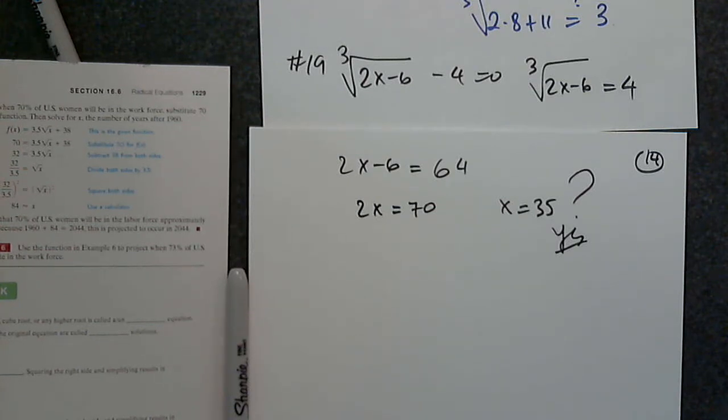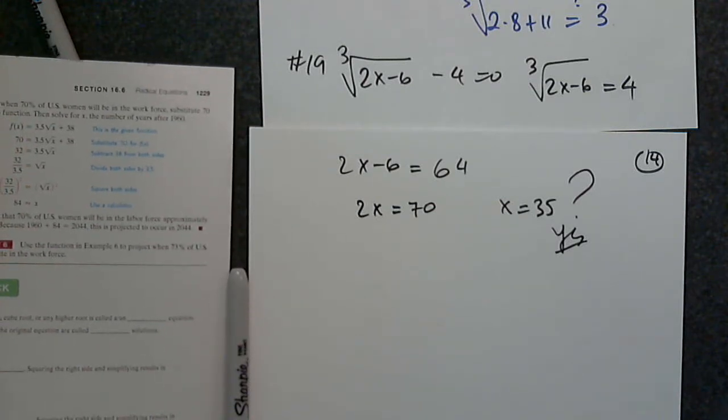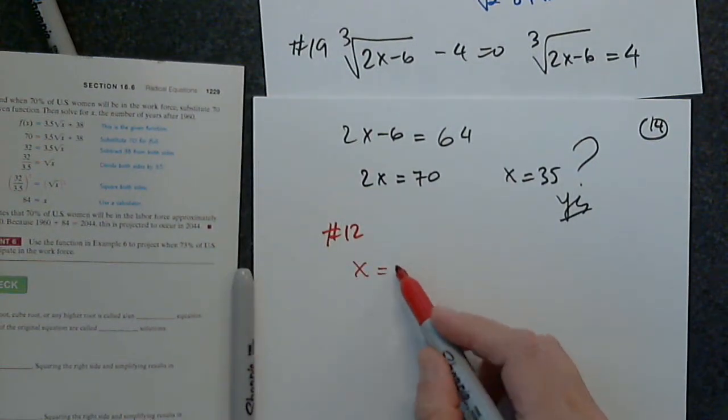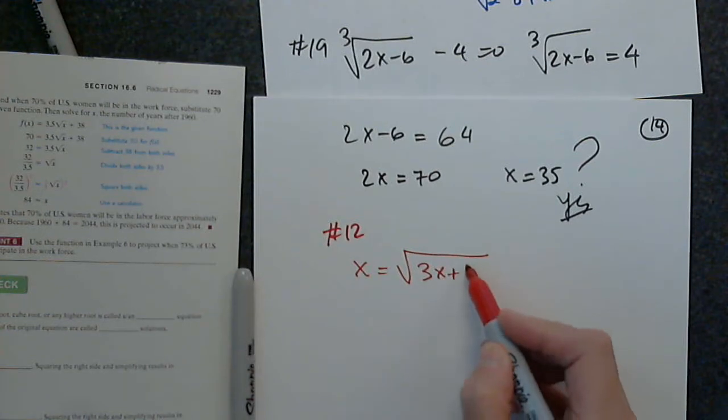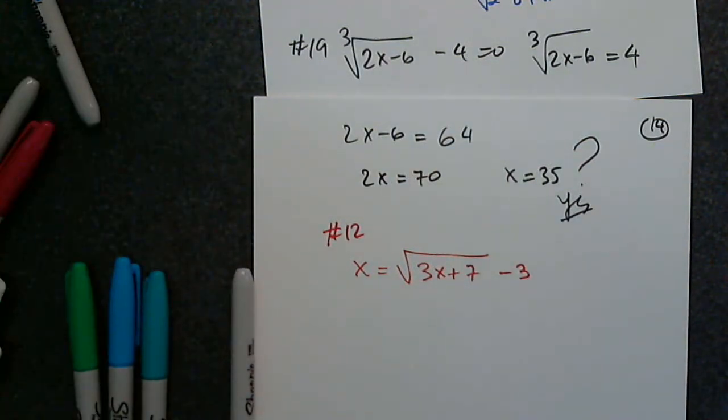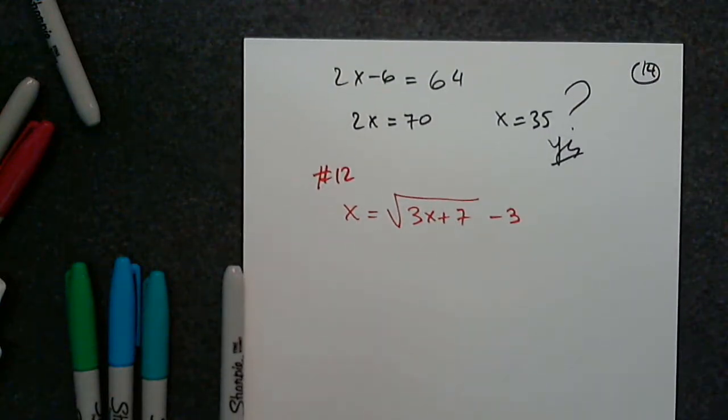Okay, allow me to choose the next, like 12. x equals the square root of 3x plus 7 minus 3. This is not a trivial equation by any means. Okay, what do you think the first step would be?